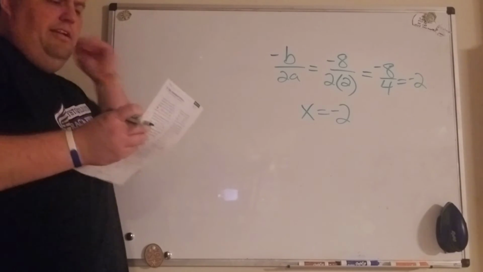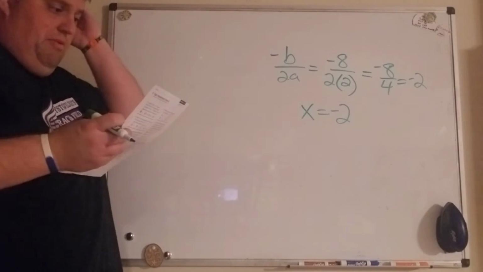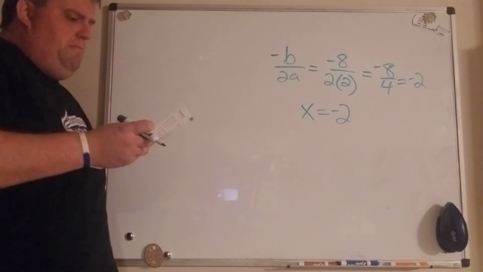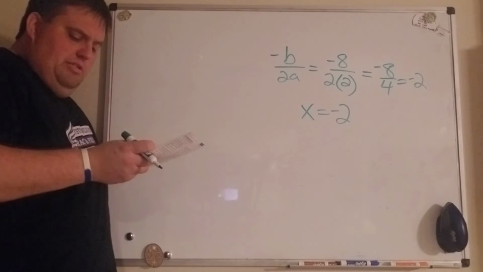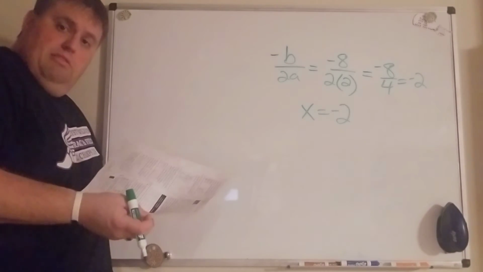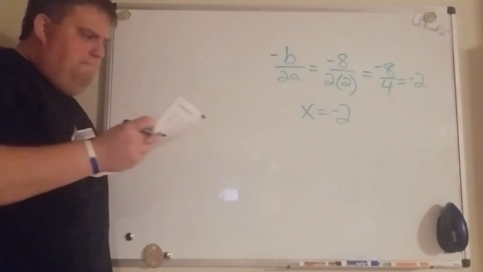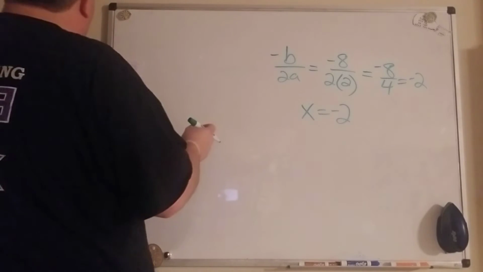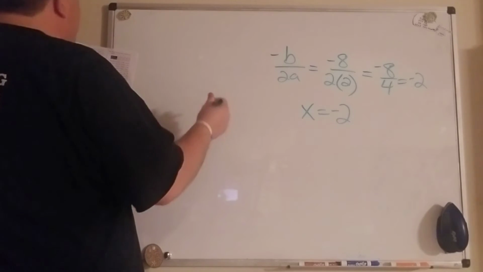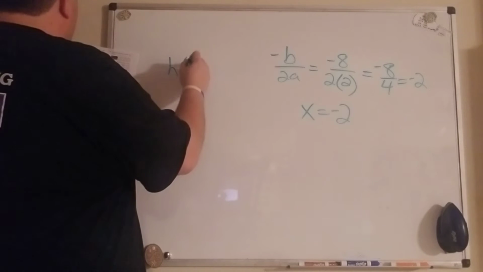On the back side, number 11, we have a vertical motion model. I noticed they didn't make you write one out, but on your test, that might be a thing that we do, because we talked about how to do that. So all we really needed was the vertex here in number 11, because I want to know the max. So let's see here.